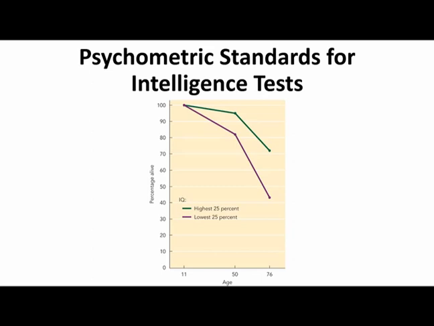We can also talk about, does intelligence have any kind of correlation or predictive ability with things like success in the workplace? And again, we tend to see this positive correlation where people with higher general intelligence tend to succeed more in the workplace.